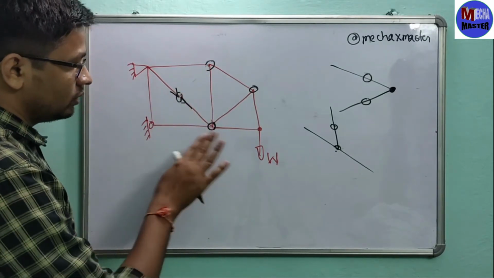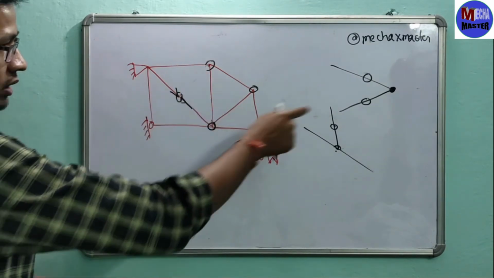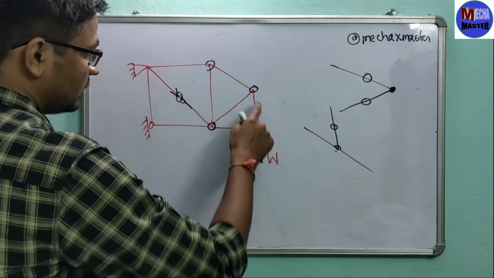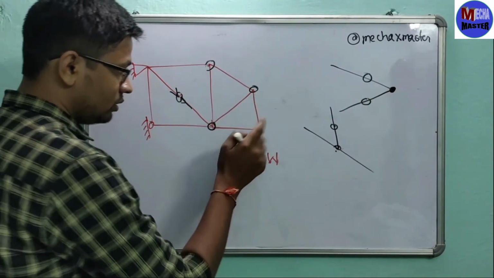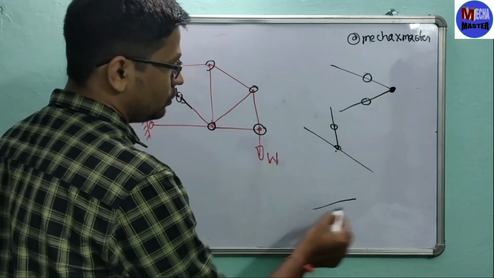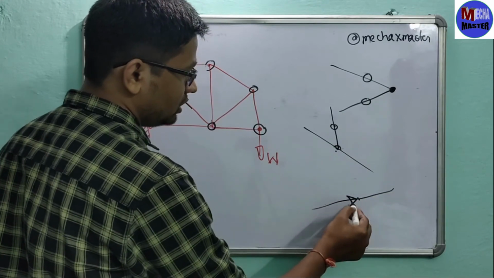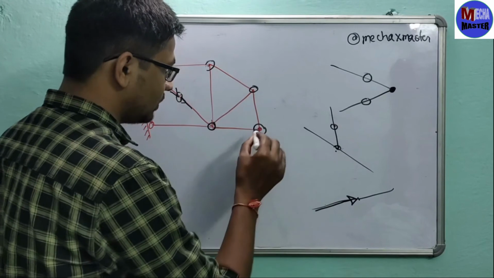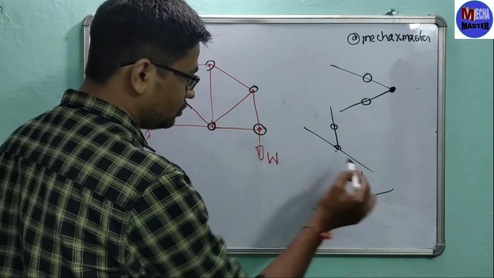Is there any other zero force member that fulfills our criteria? No, because there are 3 members here, and the rule is only for 2 collinear members. Look at this joint. I have told you that if there is no link but there is a force, this force will act as a link, and if both are collinear, then the third member will be a zero force member.